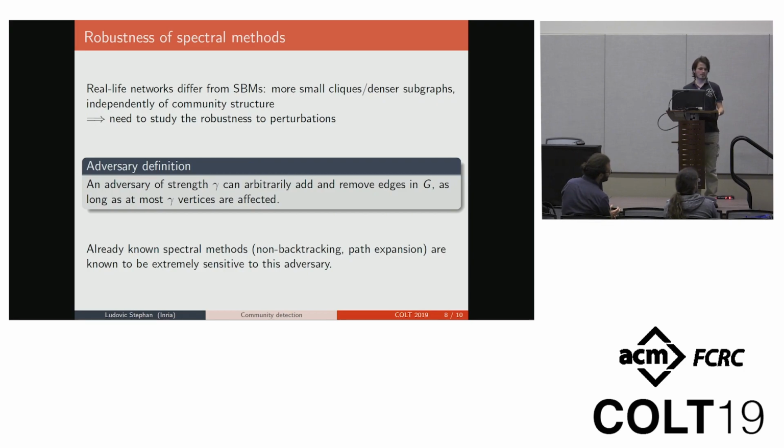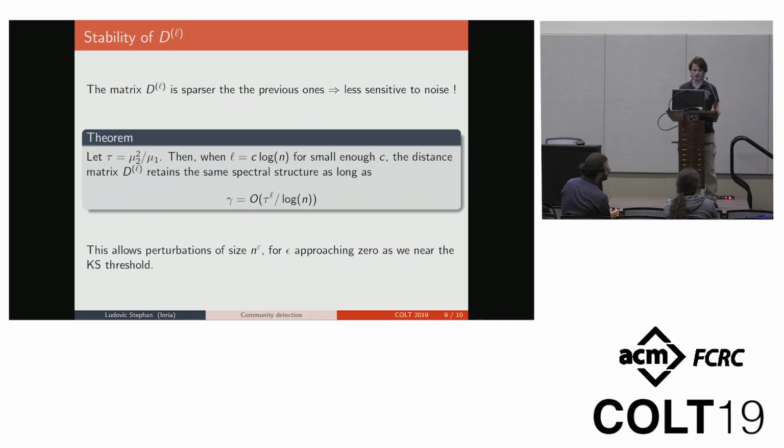So those methods tend to fail when we add even cliques of size log n. However, the matrix D_L is sparser than those, which means that it has more zero coefficients. And even when it has non-zero coefficients, they are lower than the other matrices. And so our hope was that it would indeed be less sensitive to noise.